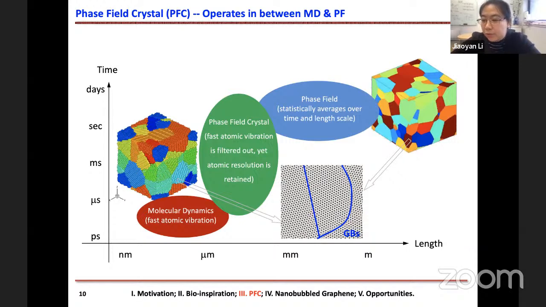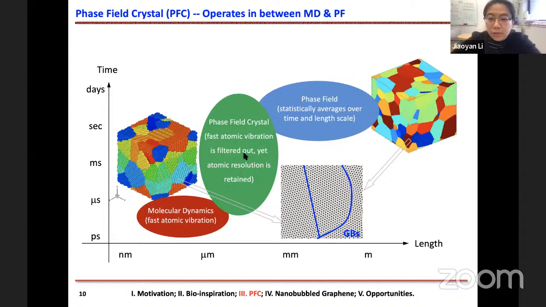And the phase field crystal operates, in fact, in between these two regimes, but is kind of similar to the phase field model. So PFC, phase field crystal, describes the system as a continuum medium and involves a free energy functional. But the free energy functional does not average over the atomic distance as we have seen from the molecular dynamics.